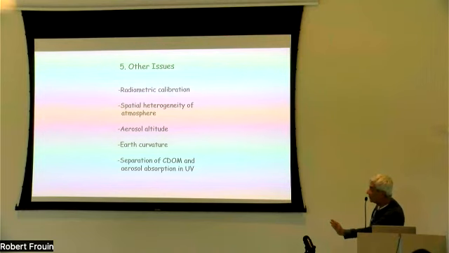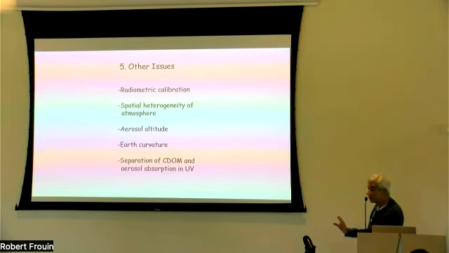Another problem is the aerosol altitude. I mentioned that before. The aerosol altitude is very important to correct for absorbing aerosols. But it's also important even when the aerosols are not absorbing.